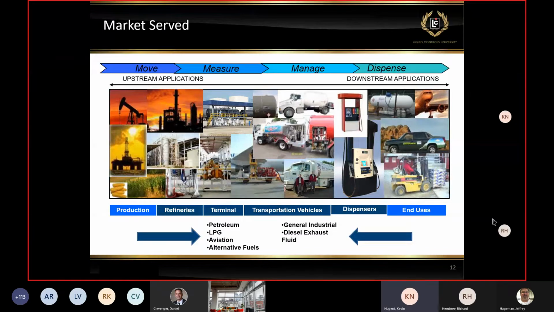And within the midstream and downstream applications, we're looking at the environments of petroleum, liquid propane gas, aviation, alternative fuels, industrial, and DEF markets. There you see some examples of us in terminals, in the dispensing markets, whether it be in transportation or in fixed applications, and then it's delivered to end users.